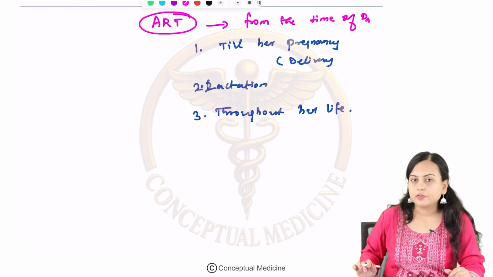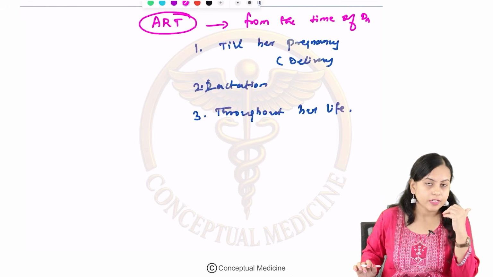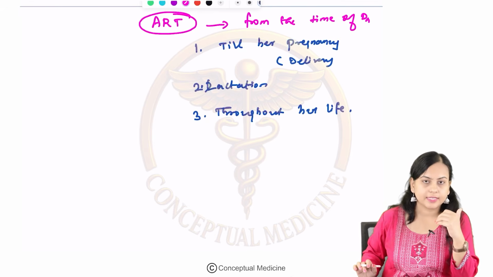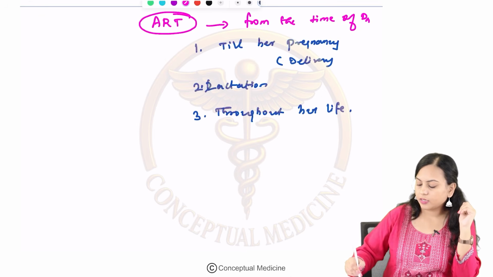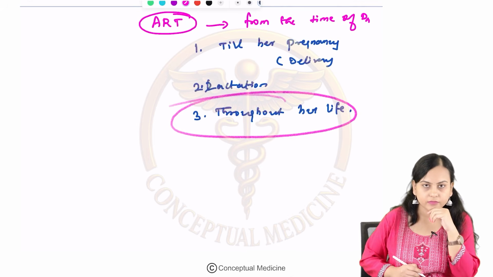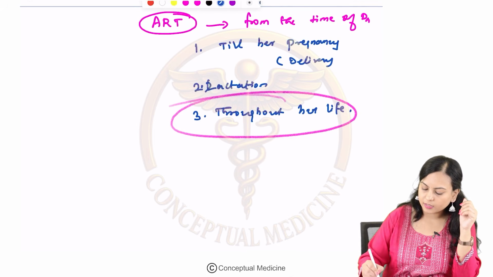So now tell me which one you will choose. See, even when you diagnose the HIV infection in pregnancy, you have to continue the ART treatment throughout her life. Clear? Yes.